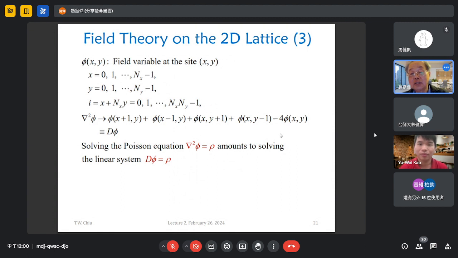So in that case, you get 6 rather than 4 in the Laplacian. So you already solve the same problem in the concept of a 3-dimensional lattice. That's why I say, if I show you how to do it in 1 dimension, then you can do it for any dimension.